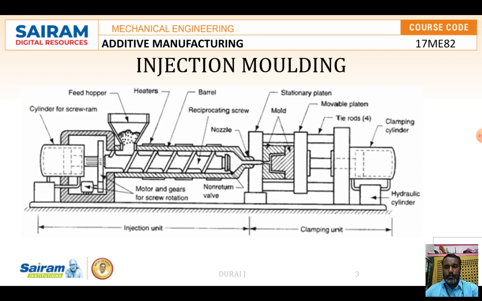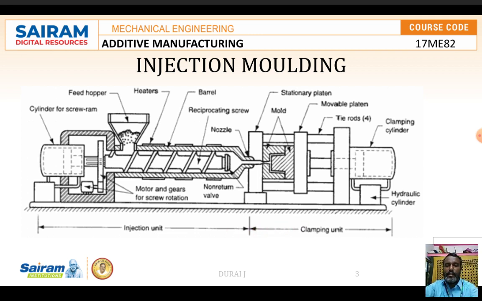It consists of a hopper, cylindrical barrel and heaters, a reciprocating screw, nozzle, stationary platen and movable platen, as well as the clamping cylinder. These are all the parts. From here to this point is the injection unit. The remaining is the clamping unit.